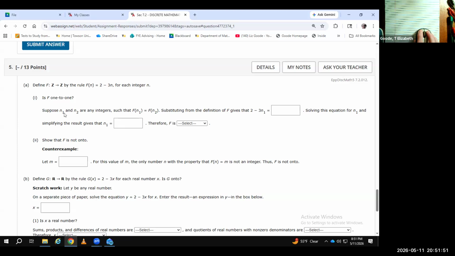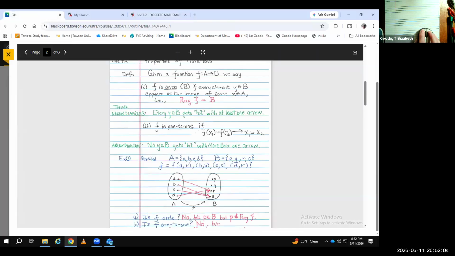Well, it says, suppose n1 and n2 are any integers such that f of n1 equals f of n2. Now, why are they saying that? Because that's the hypothesis for one-to-one, that f of one element equals f of another element. So this argument starts with the hypothesis of one-to-one.